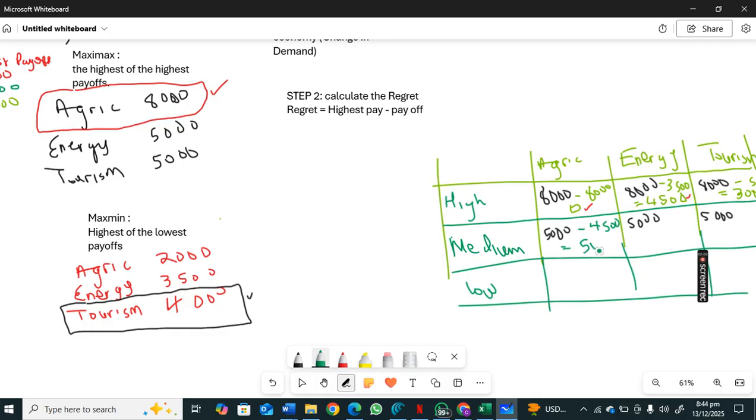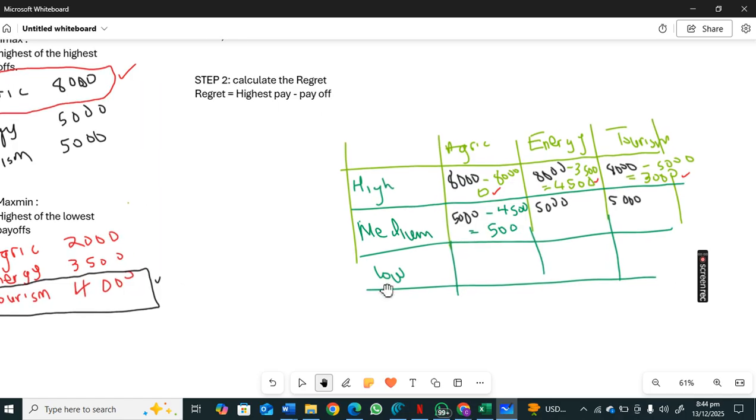So if demand is medium and you choose to invest in the agricultural sector, your regret, or what you lose out, is 500. Energy, the payoff is 4,500.